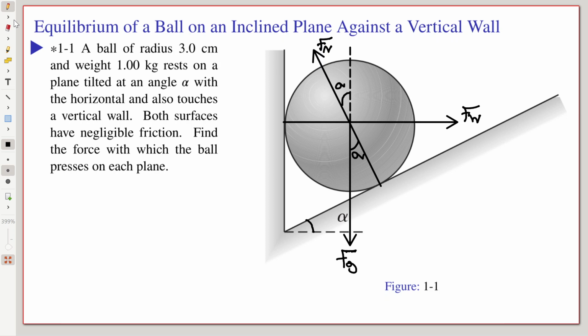The horizontal part is Fn sine alpha, and the vertical part is Fn cosine of alpha, according to trigonometry, the adjacent part.